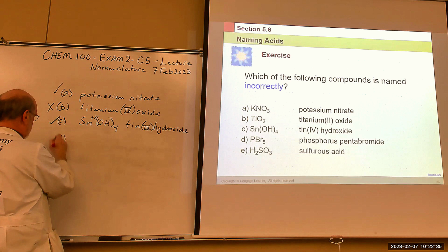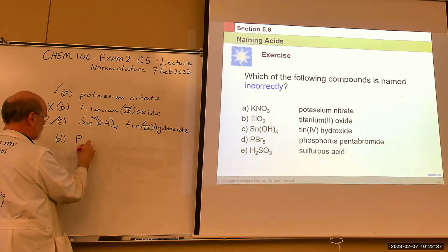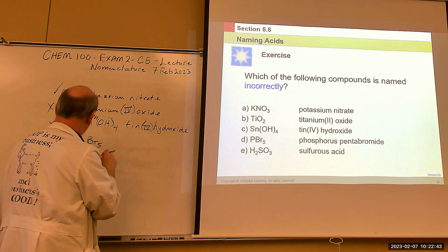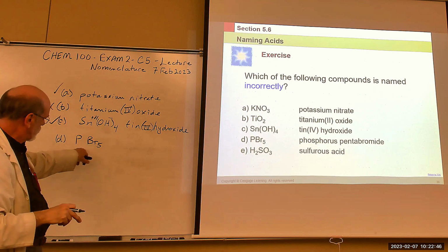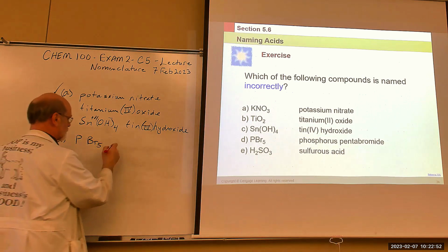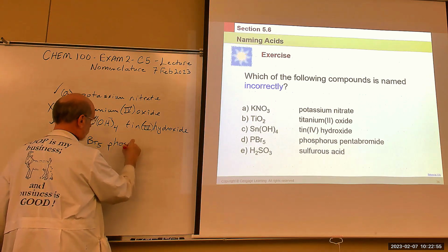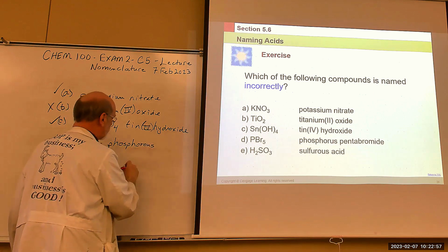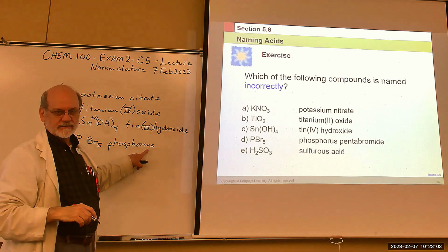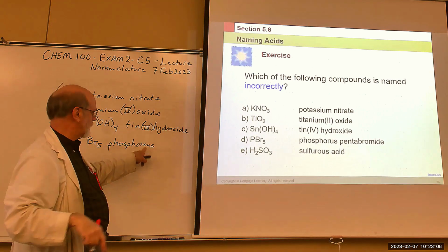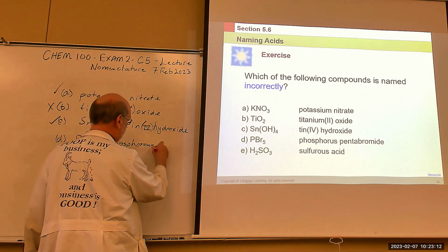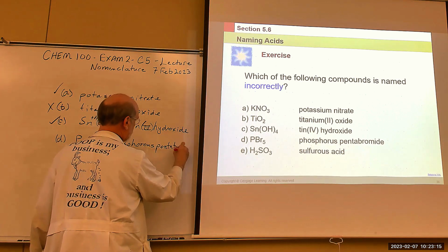How about this one? I think writing the formula up here is a good idea. I should have done it on that one. Okay. Here we have 2 nonmetals, type 3 compound. There's only 1 phosphorus. OUS or US is correct, either one. This is the way the English write it. And on this side of the pond, we write it without the O. Usually. Okay. And then we have 5 bromides. Pentabromide.